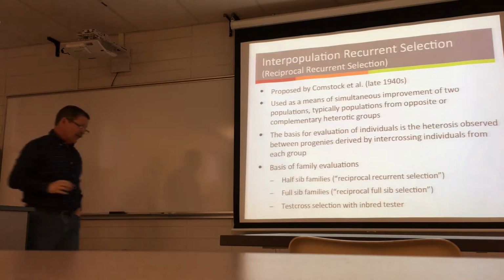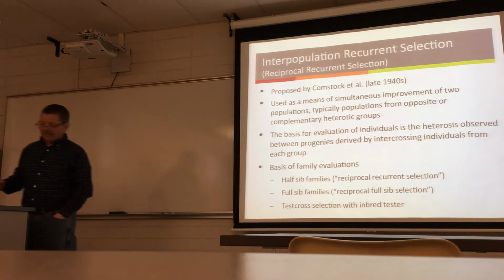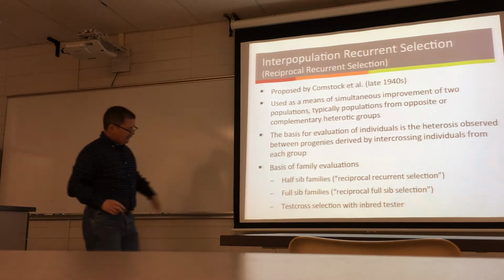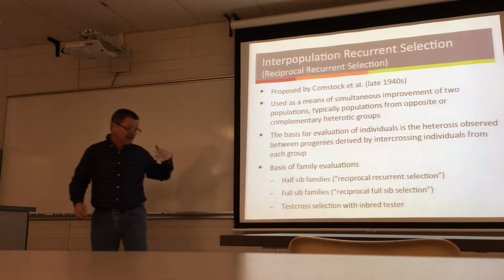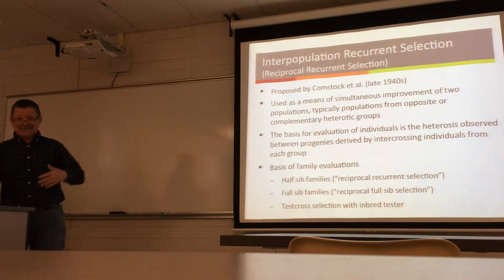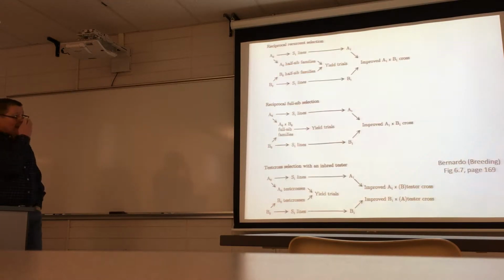But he says that reciprocal recurrent selection is based on evaluation of half-sib families. All this terminology gets a little confusing. And then based on full sibs, he calls it reciprocal full-sib selection. Why not call the other one reciprocal half-sib selection? I don't know. But these are the three different kinds that he shows.